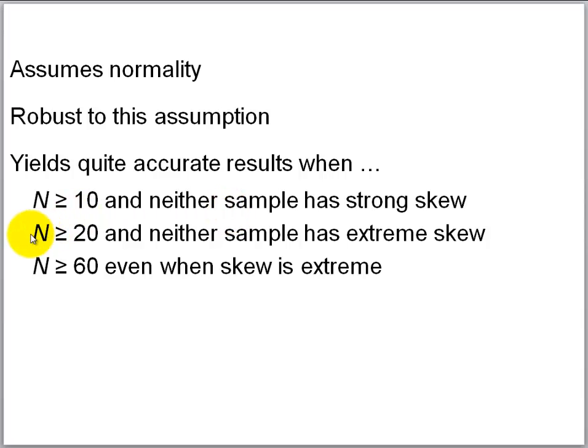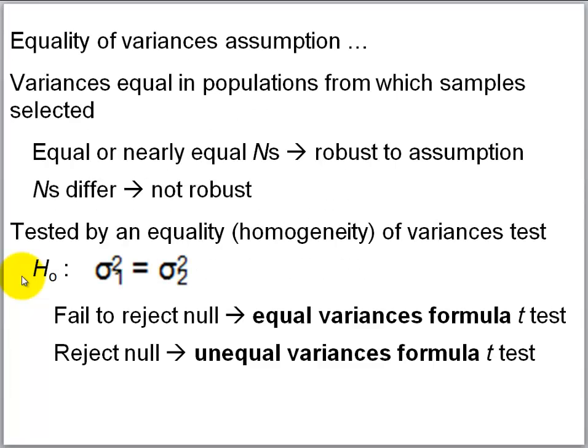If n's are 20 or greater and you don't have extreme skew, results are sufficiently accurate. And when each sample size is about 60 or greater, then results will be accurate even when you have extreme skew. I'll mention that if skew is even more extreme than the extreme skew figure in Chapter 5, then in some situations sample sizes larger than 60 might be needed, but we're going to pragmatically adopt the guidelines that you see here.